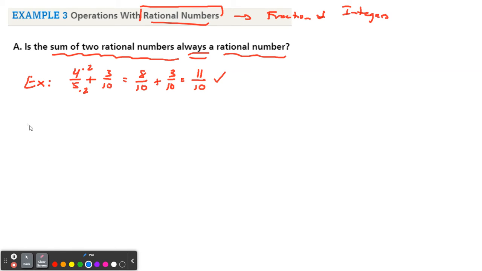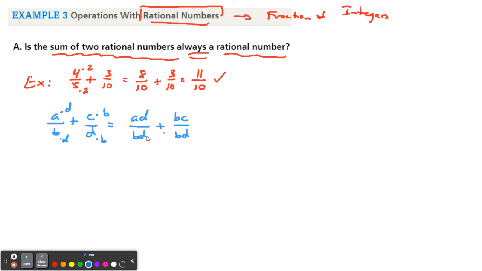All right. So we're going to use A over B plus C over D. Here are two rational numbers. To combine these, I need to multiply the first fraction by D over D, and I have to multiply the second fraction by B over B. So I get AD over BD plus BC over BD.